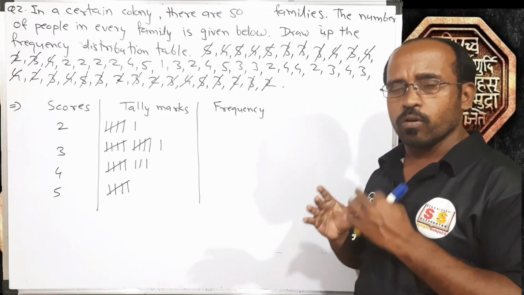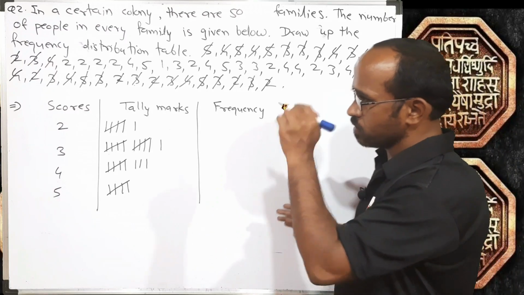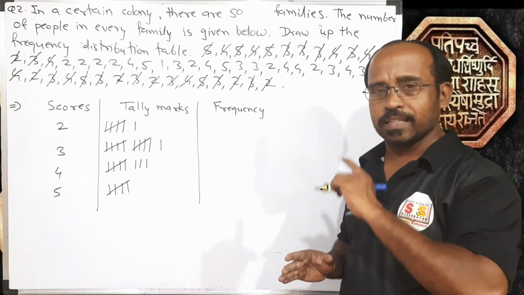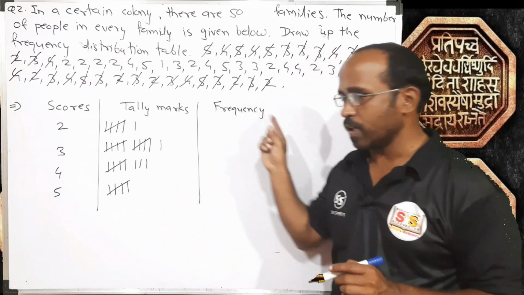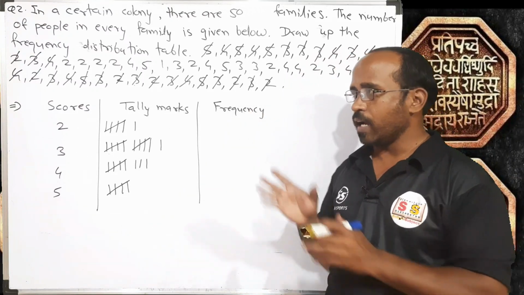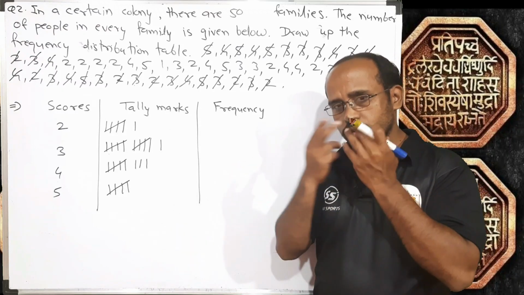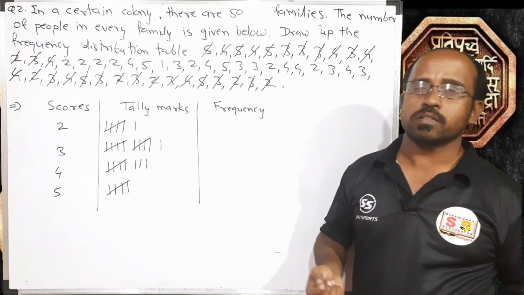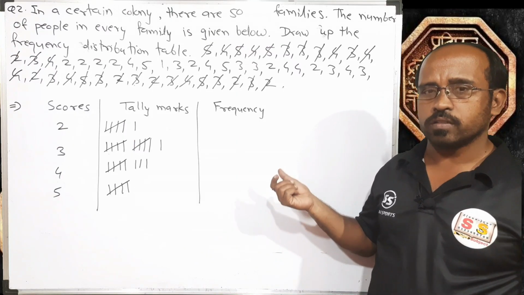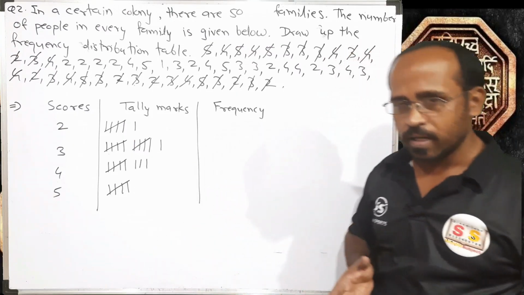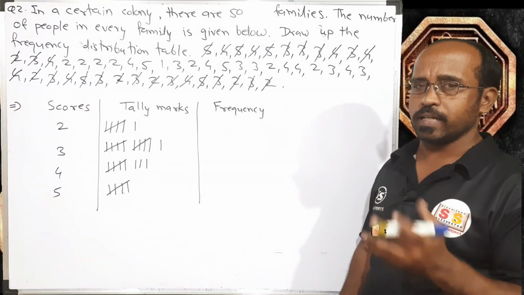Few students are doing over smartness. They are just observing and writing tally marks. In that case, what is happening? If any one number is missed, your total answer gets wrong. And here there is not any kind of calculation. You just have to observe. So just a small mistake of observation causes a big harm in losing the marks. So don't play over smart in that case.